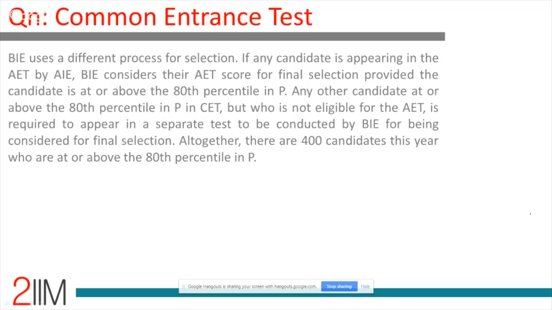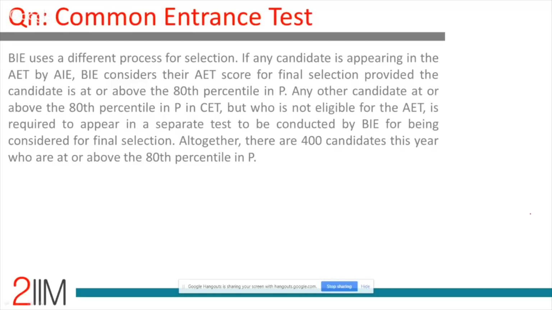Any other candidate at or above the 80th percentile in P in CET, but who's not eligible for the AET, is required to appear in a separate test to be conducted by BIE for being considered for final selection. Altogether, there are 400 candidates this year who are at or above the 80th percentile in P. Super, wonderful. There are 400 candidates who are at or above the 80th percentile in P. All of them are going to be eligible for BIE.